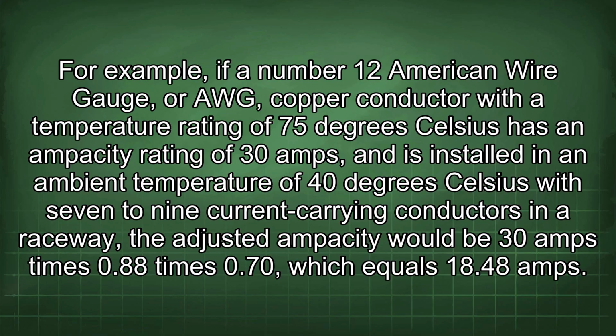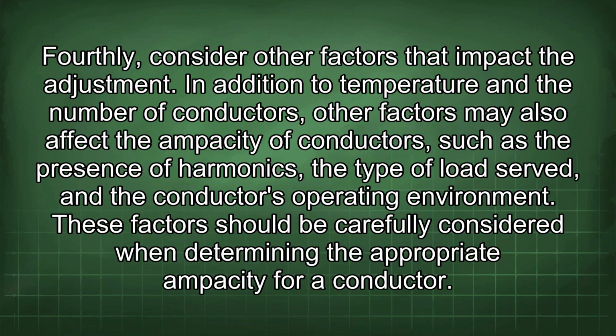For example, if a number 12 American wire gauge copper conductor with a temperature rating of 75 degrees Celsius has an ampacity rating of 30 amps and is installed in an ambient temperature of 40 degrees Celsius with 7 to 9 current carrying conductors in a raceway, the adjusted ampacity would be 30 amps times 0.88 times 0.70, which equals 18.48 amps. Fourthly, consider other factors that impact the adjustment.